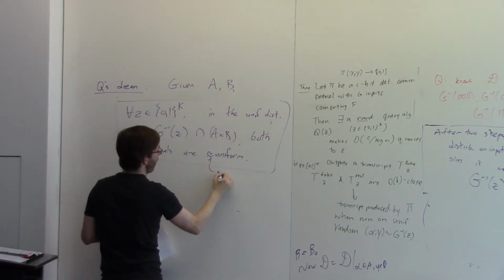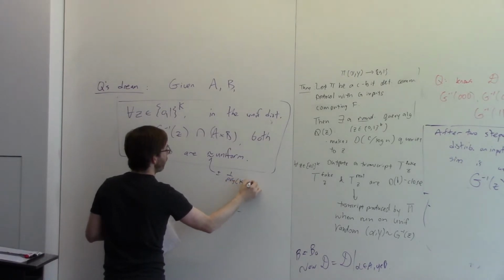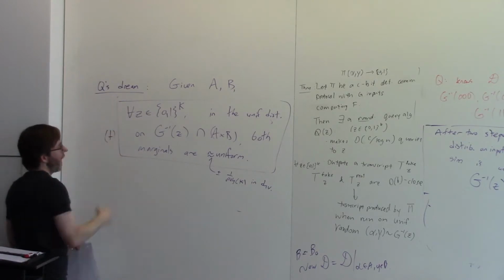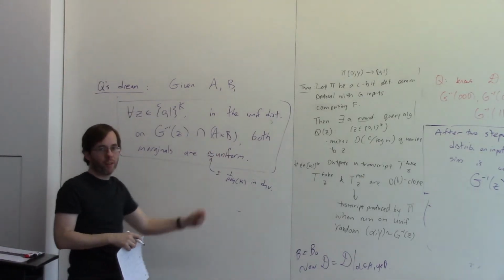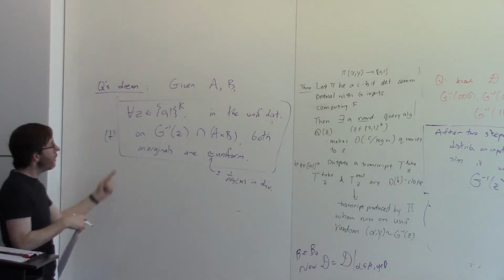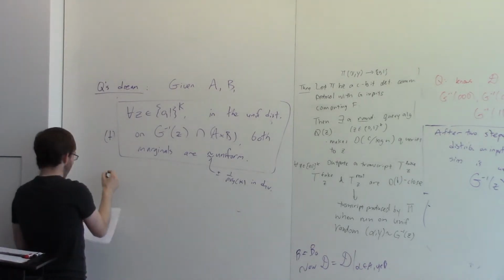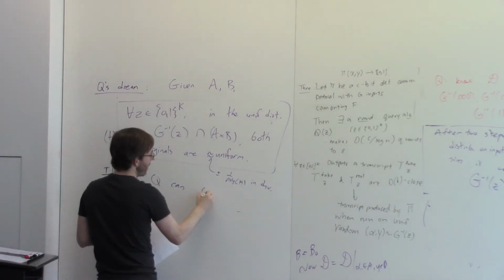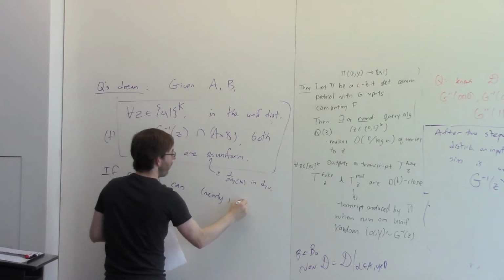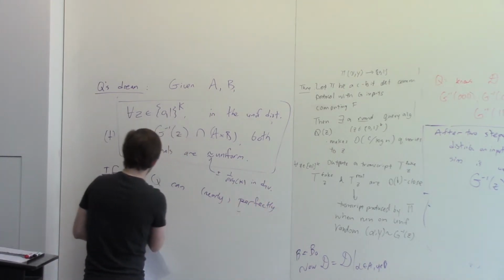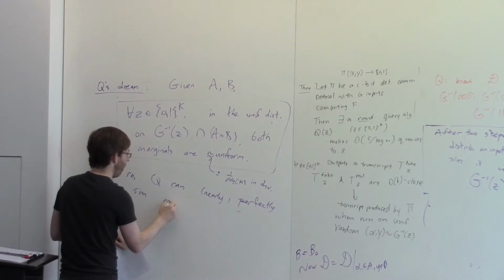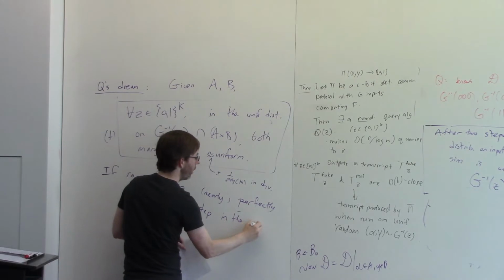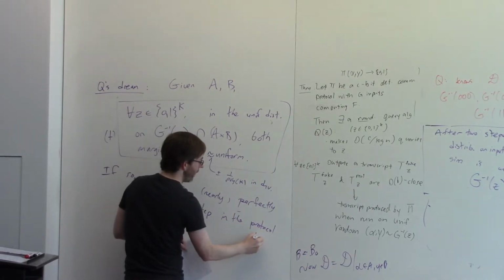This is what would really be the greatest thing if it happened. This means, up to plus or minus 1 over poly K in total variation distance. This thing happened at the very beginning when A was everything and B is everything. And if this thing happens, it's great. If so, Q can, nearly up to this error, perfectly simulate one more step in the protocol, according to the lazy system.